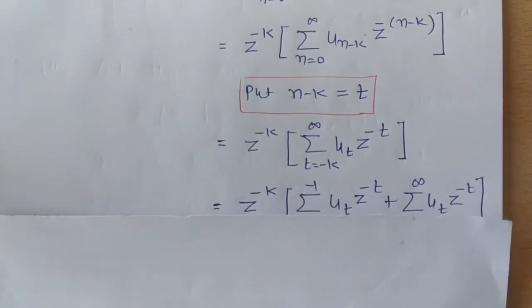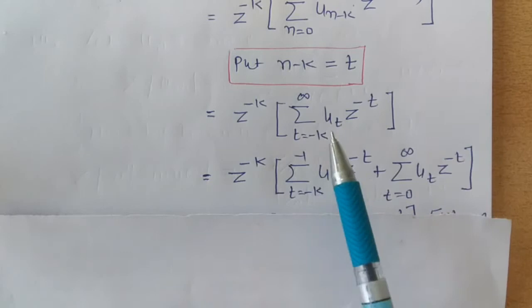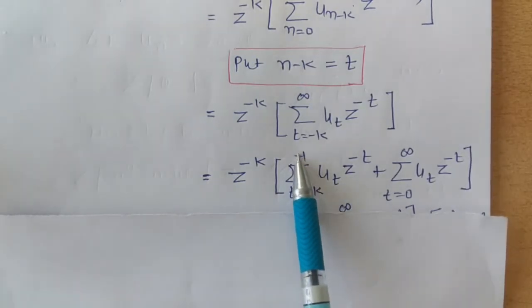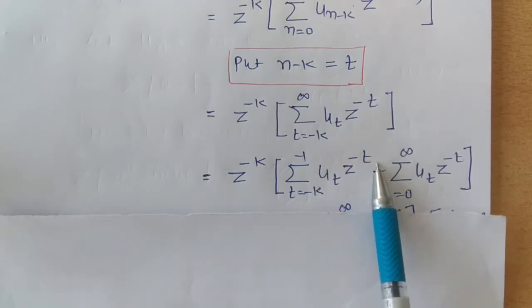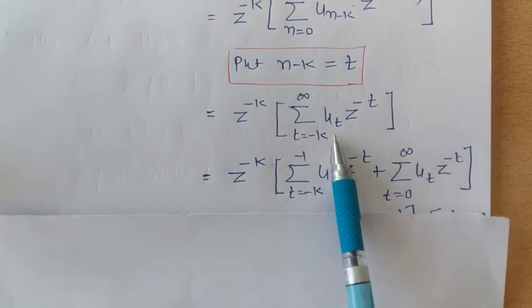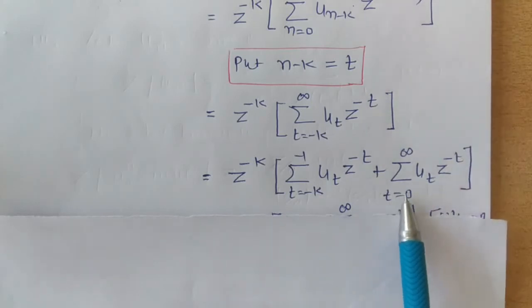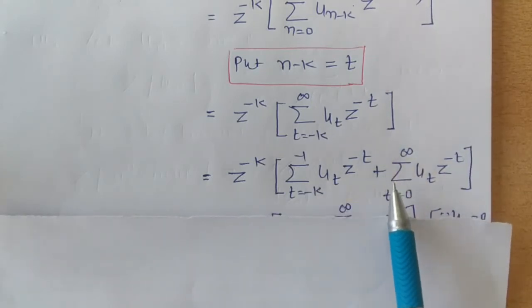Then we have z^{-k} into summation t goes from minus k to minus 1 u_t into z^{-t} plus summation t goes from 0 to infinity u_t into z^{-t}. So the overall summation is minus k to infinity.